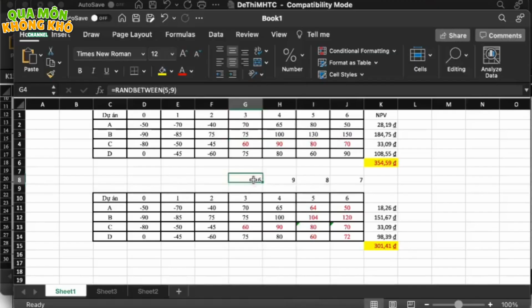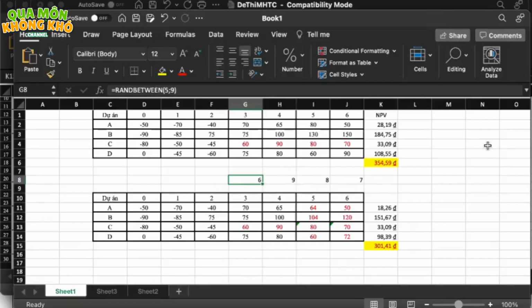Hay nói cách khác là chúng ta dùng hàm randbetween từ 5 cho tới 9 thì nó sẽ ra một con số nguyên từ 5 cho tới 9. Chúng ta dùng hàm randbetween, hoặc có thể dùng hàm integer kết hợp với hàm rand. Chúng ta cũng có thể tạo được con số đồng dạng rời rạc.